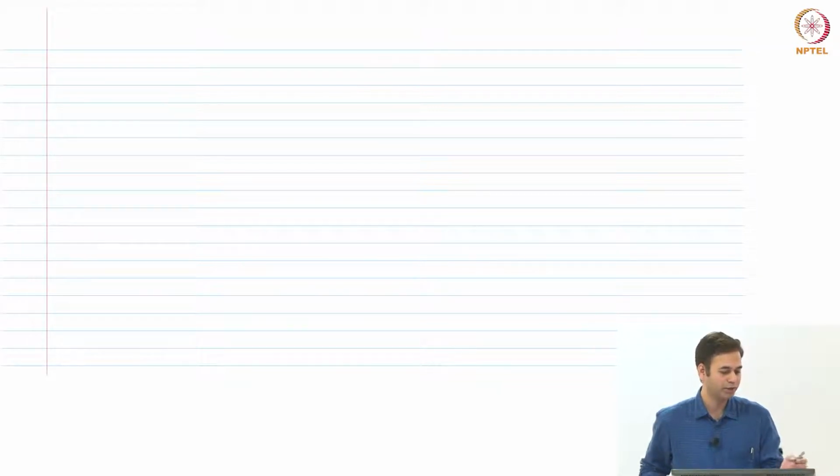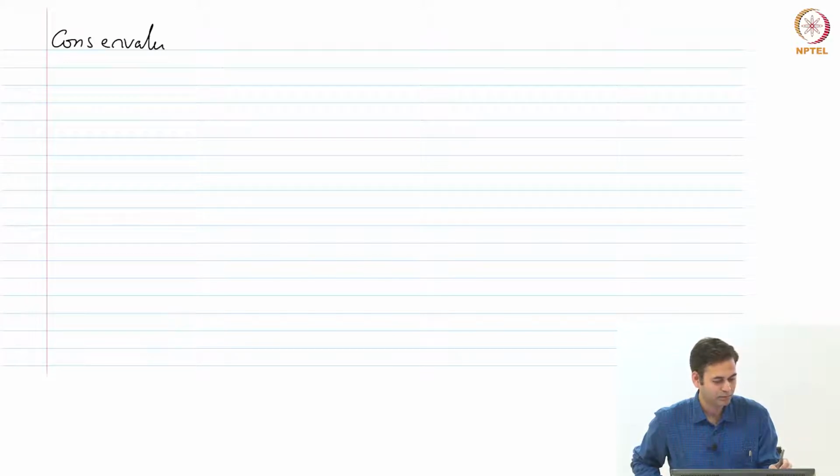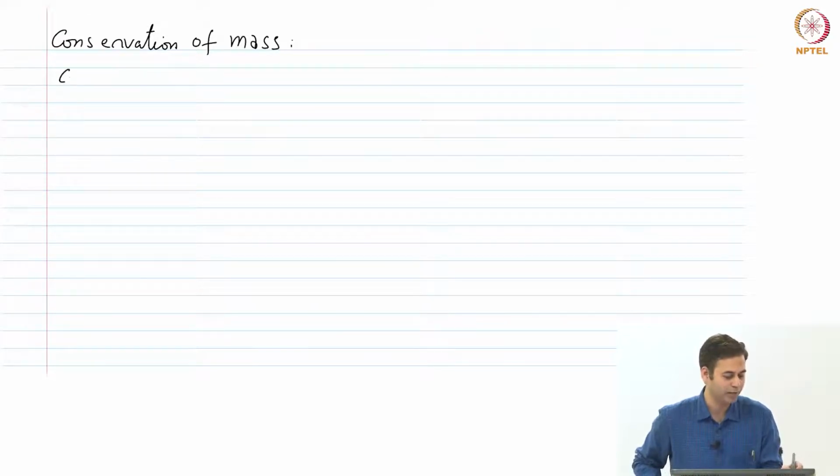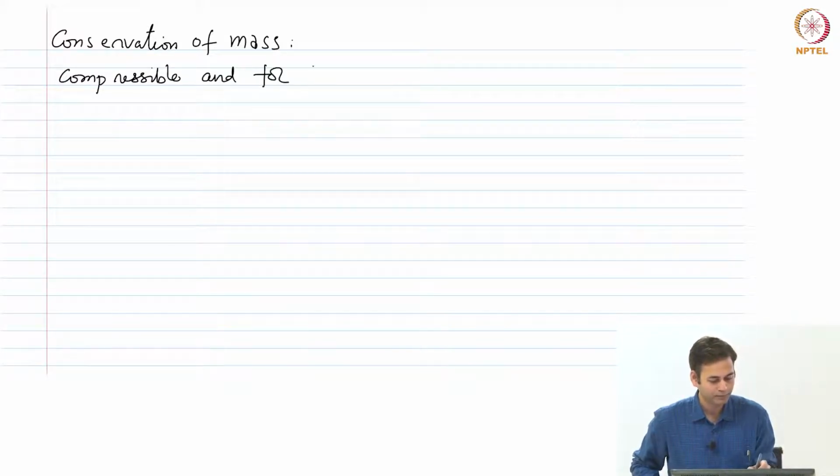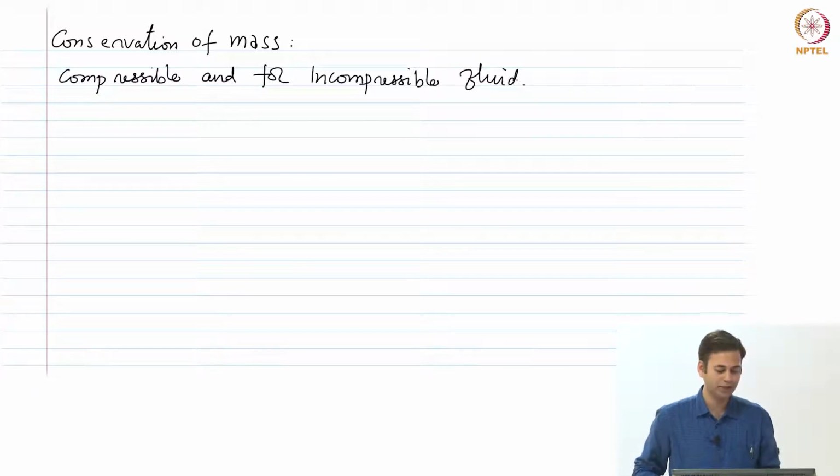So yesterday we looked at conservation of mass. We derived an expression, right, for both a compressible and an incompressible fluid. Today we are going to look at the rate of change of a property as we follow a fluid particle.